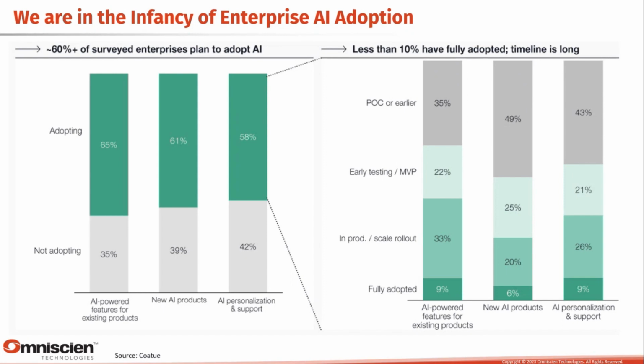Very few have actually fully adopted it and got it through to the end goals. But they're getting there. And while Omniscient has been an AI company for a very long time, we too are building new products and enhancing our existing products to use AI more. Okay, it's enabling things that we couldn't even have dreamed of just a couple of years ago.